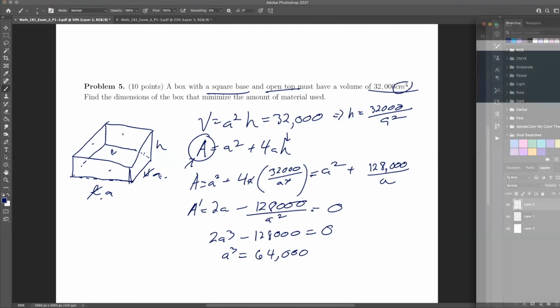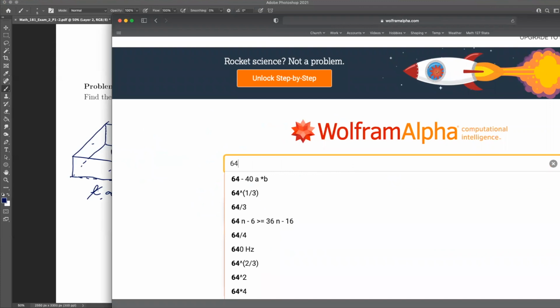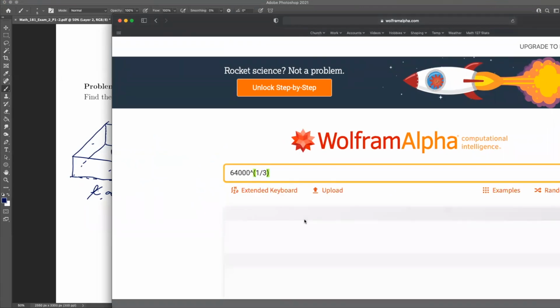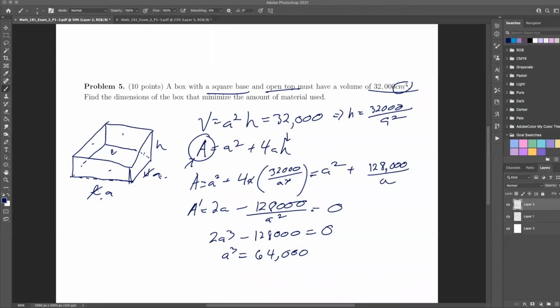So I know what the cubic root of 64 is. Yeah, I want the cubic root of that. Wahoo. It's 40. Okay, so we're going to say here A is equal to 40 centimeters.